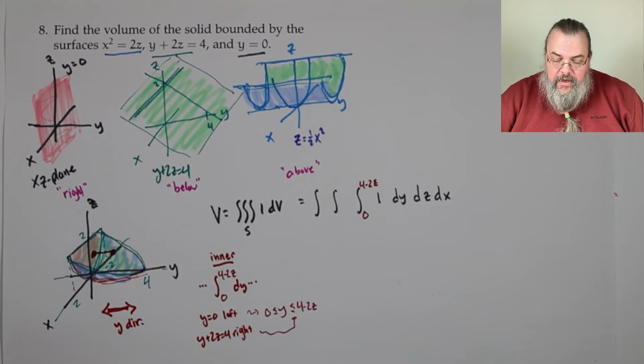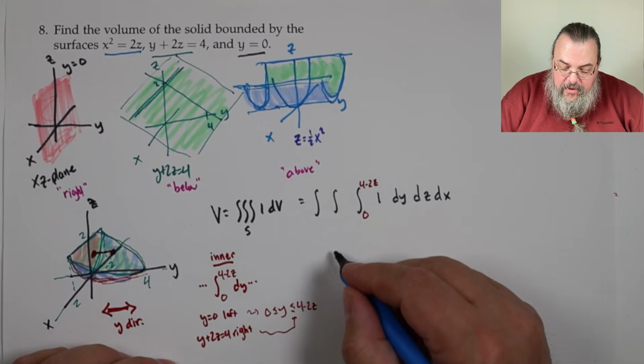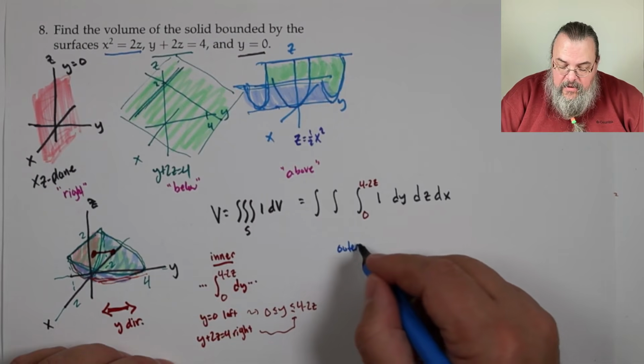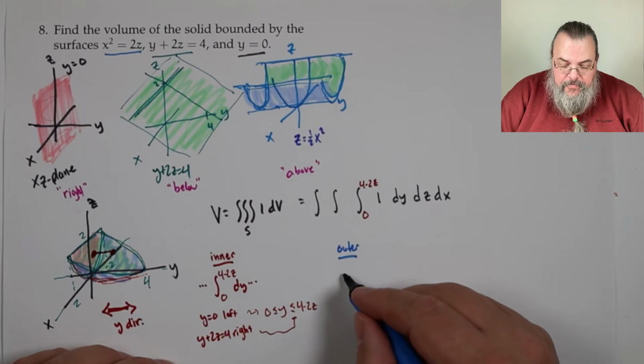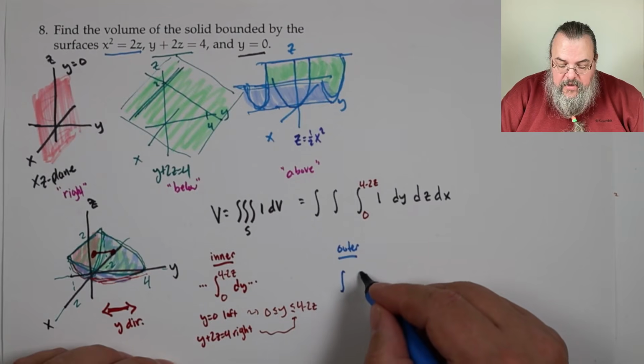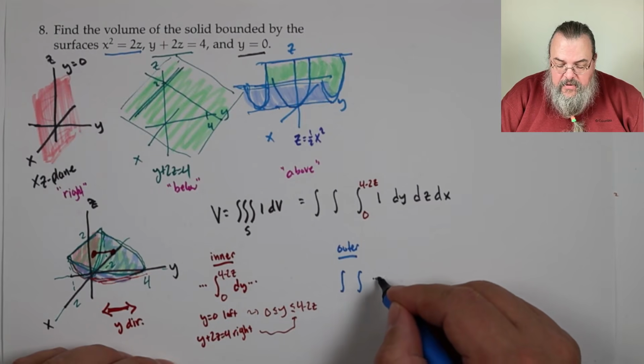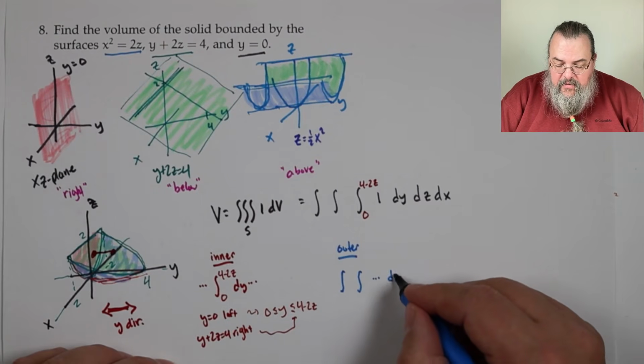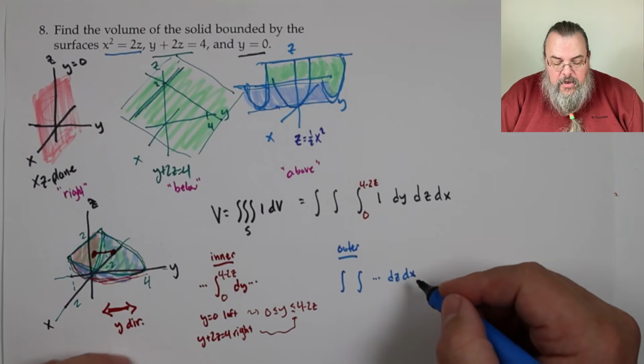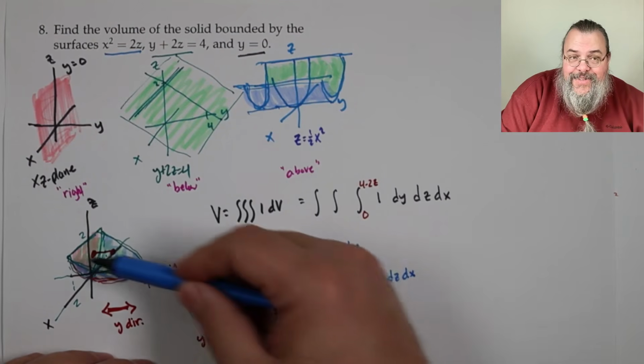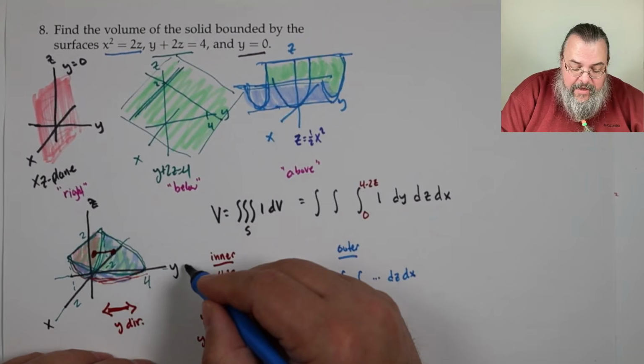Now the outer layer. For the outer layer, what do we have? Well, we're going to have integral, stuff, dz dx. We're going to look down the y-axis. As we look down the y-axis, what are we going to see?